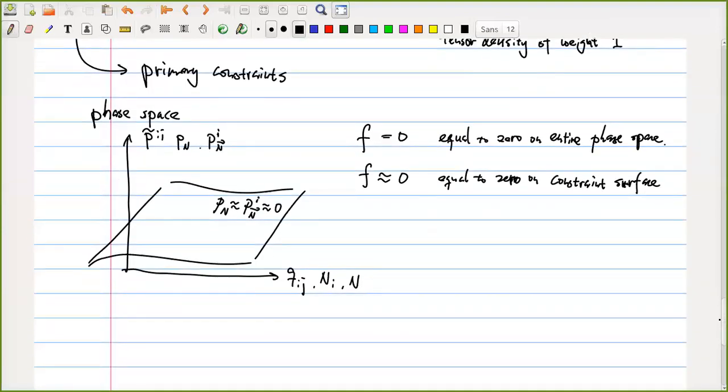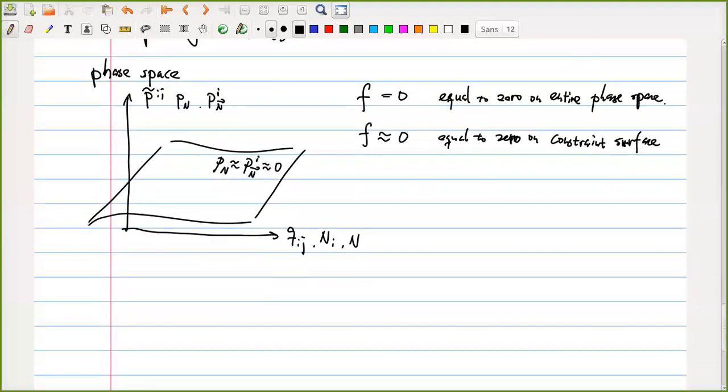This is a notation frequently used in Hamiltonian analysis.